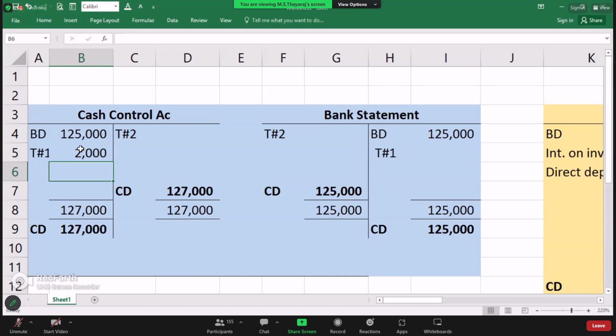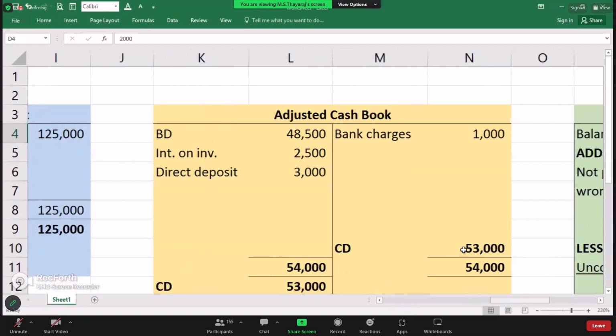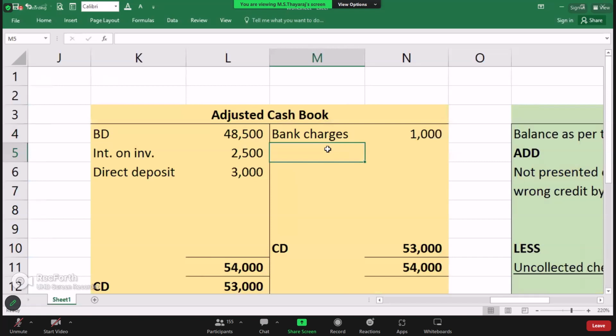Already we have debited; now we have to credit 2,000 for the dishonored check.